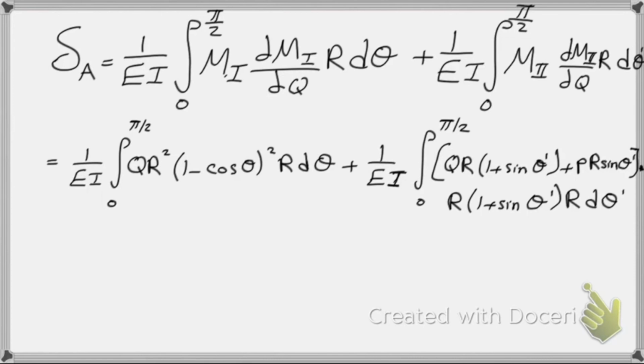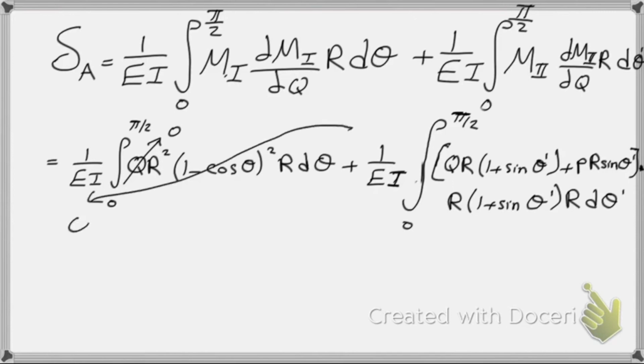And remember, Q is a dummy load, so it's 0. So basically this one is 0, so this whole term, section AB, is 0. And it makes sense.